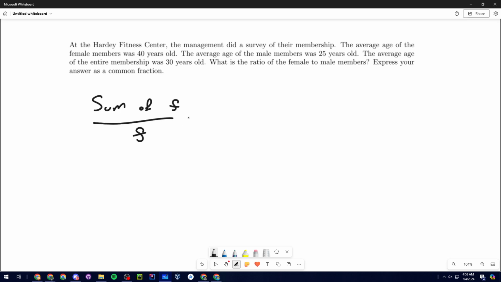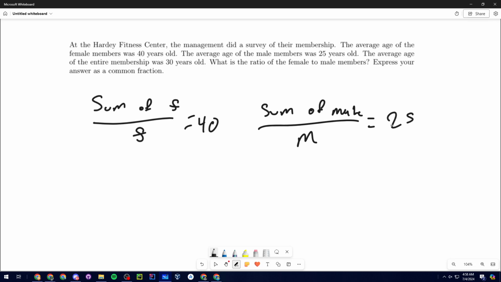I'll call that F over the number of females, is equal to 40, and then the sum of the males over M is equal to 25. Now when you combine the sum of the females and the sum of the males, the sum of all, and divide that by the total number of people, which is males plus females, that's going to equal 30, right?